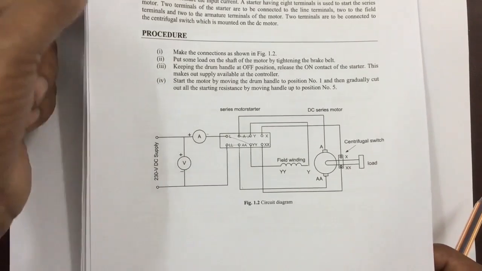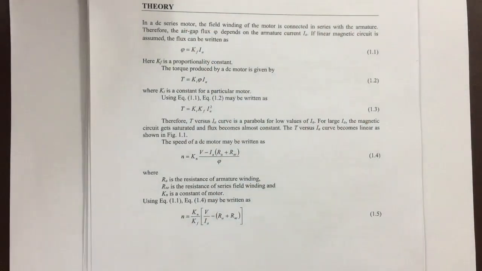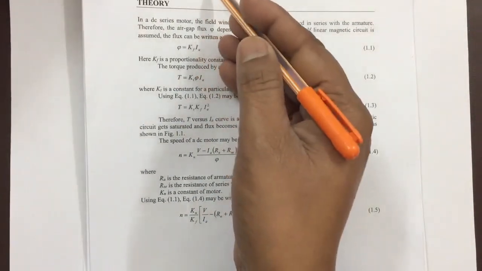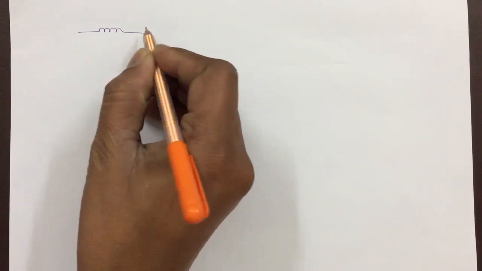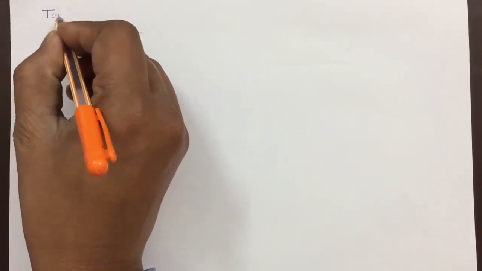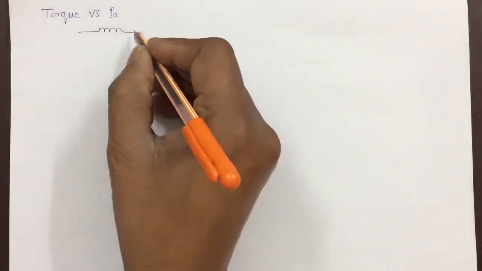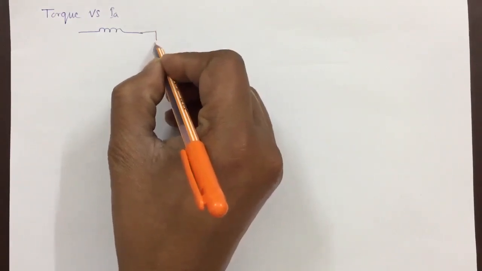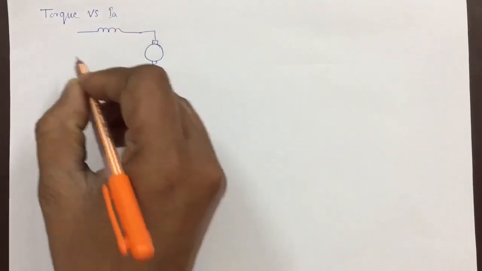Okay, so let us try to discuss how to find the different parameters in the case of DC series motor. The first one is torque and input current. In the circuit diagram, there is the field winding, in series with the armature winding of the DC series motor.